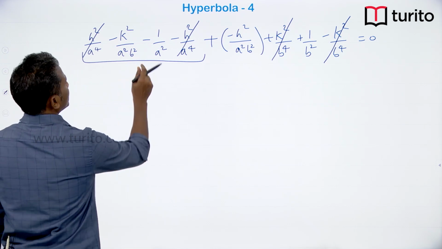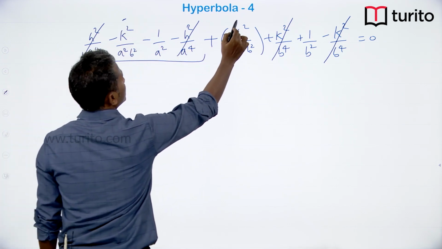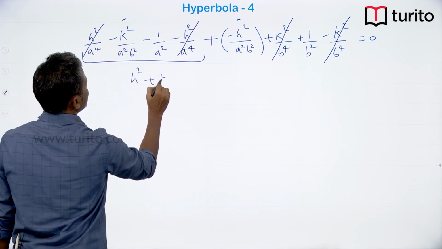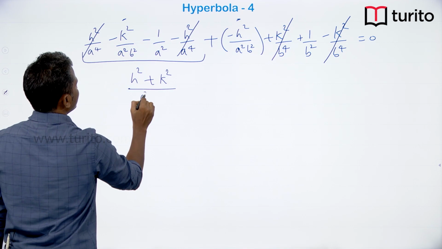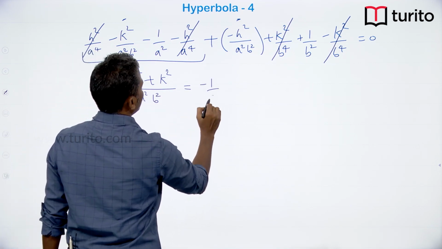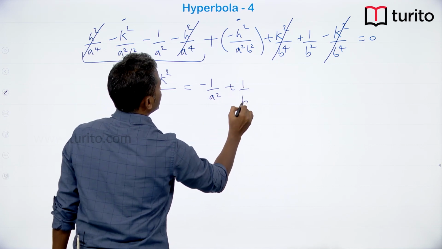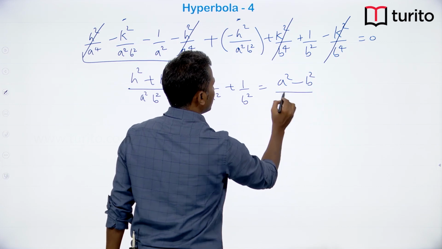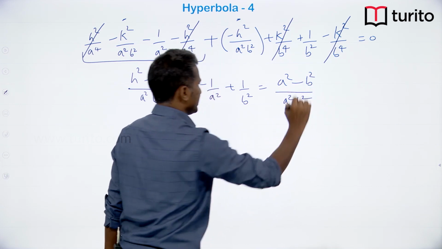So what do we get? I am taking this term and also this term to RHS. So it becomes h square plus k square by a square into b square is equal to minus 1 by a square plus 1 by b square. This will turn out to be a square minus b square by a square into b square.